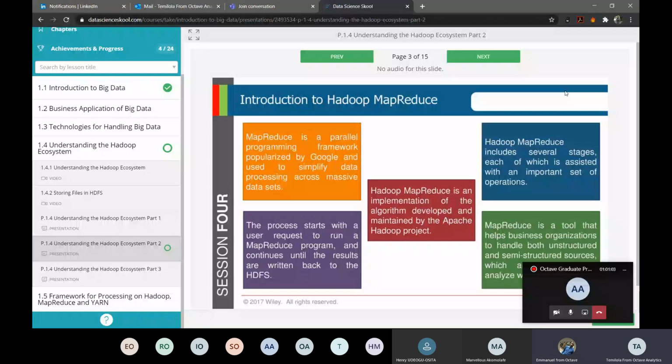MapReduce is a framework used in processing large amounts of data stored on different systems. MapReduce simplifies parallel data processing and is known for its popular implementation in Hadoop. Hadoop MapReduce includes several stages, each with an important set of operations to get different answers for big data problems.